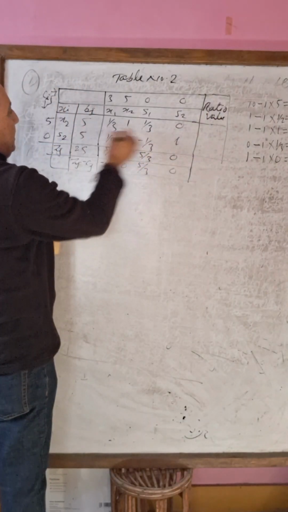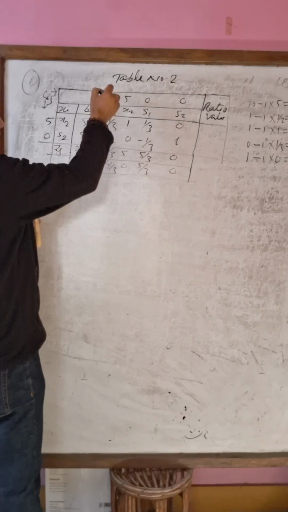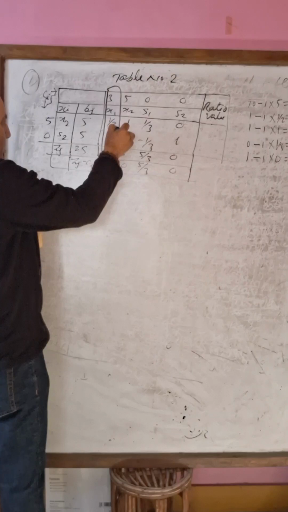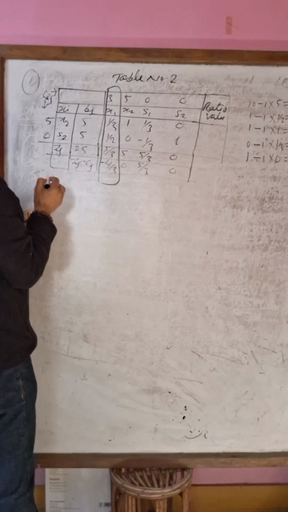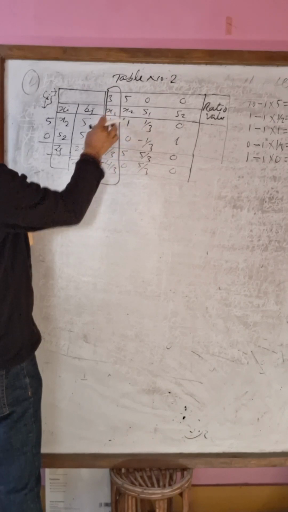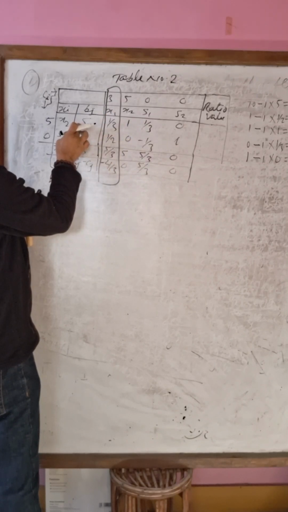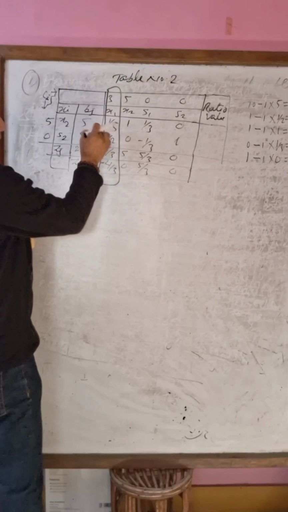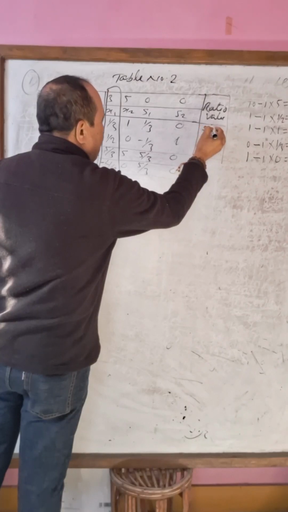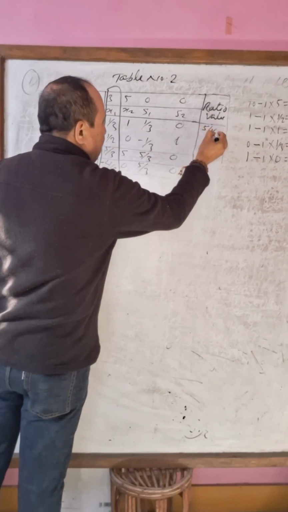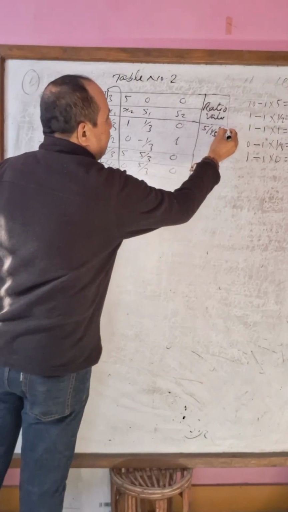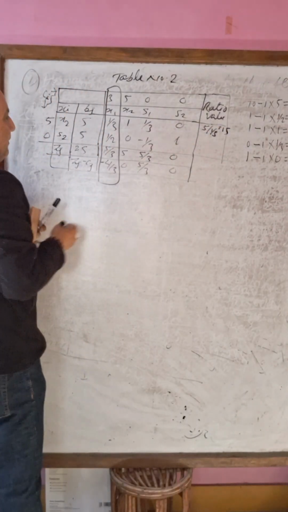Here the ratio value is calculated with this column, which is the key column. These elements are the key elements. You divide 5 by 1 by 3, that is 15.